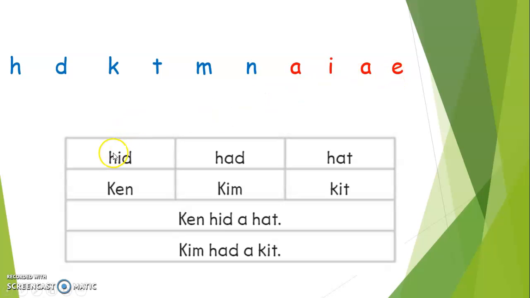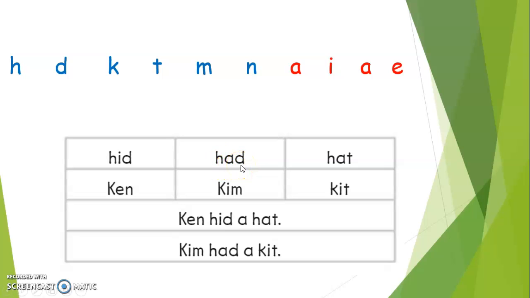Let's say the sounds that each letter makes and then blend the sounds together to read a word. Watch me first. /i/, /d/, hid. Now you do this with me. /a/, /d/, had. Let's do that again. /a/, /d/, had.